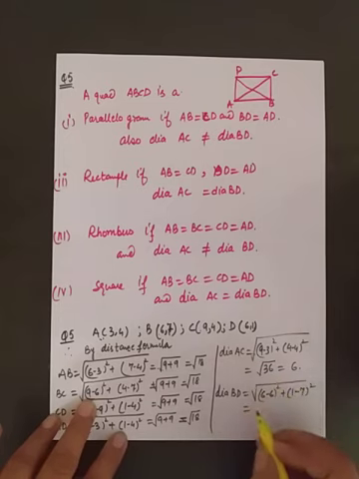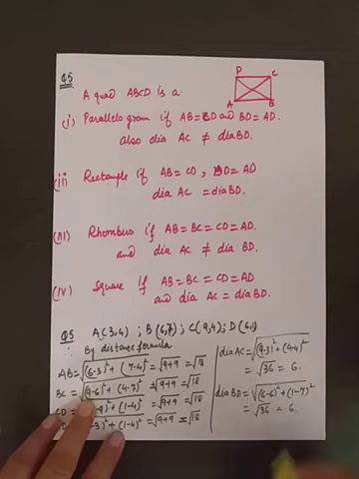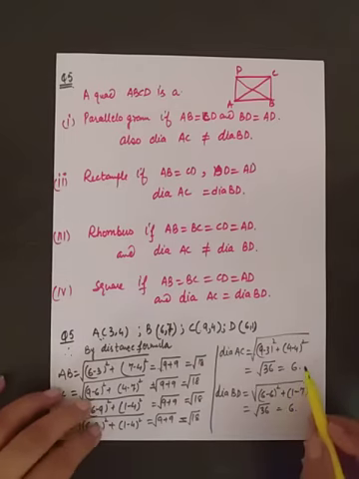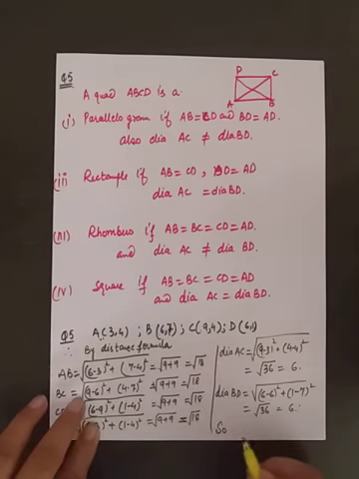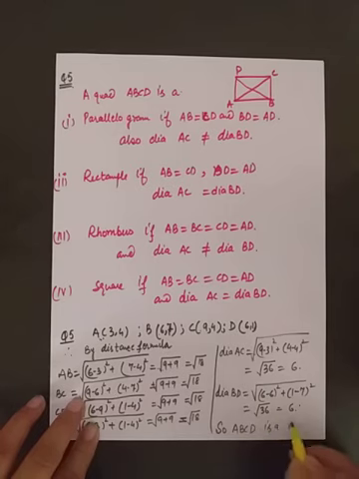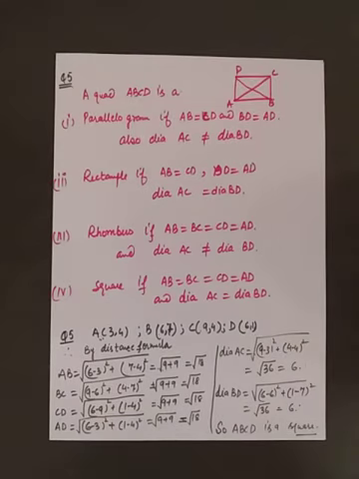So 6 minus 6 is 0, and this is minus 6 whole square, and it will be 36 and root 36 will be 6. And we get that the lengths of both the diagonals are equal and all the sides are equal in length. So ABCD is a square by the above properties.